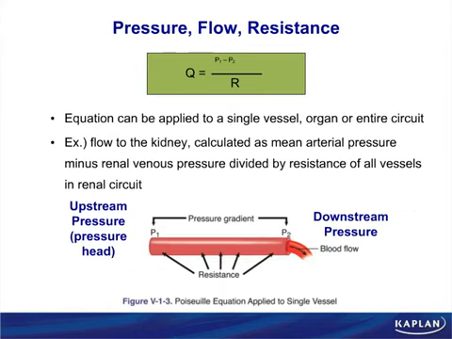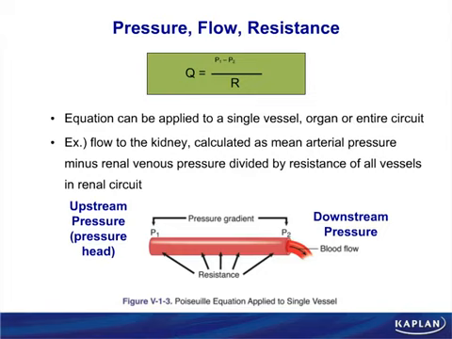All right, here's our pressure, flow, resistance again. We can utilize this. It doesn't matter if it's a single blood vessel, an organ, or an entire circuit. It's all pressure, flow, resistance. For example, if we're looking at flow to the kidney, we would take mean arterial pressure minus renal venous pressure.